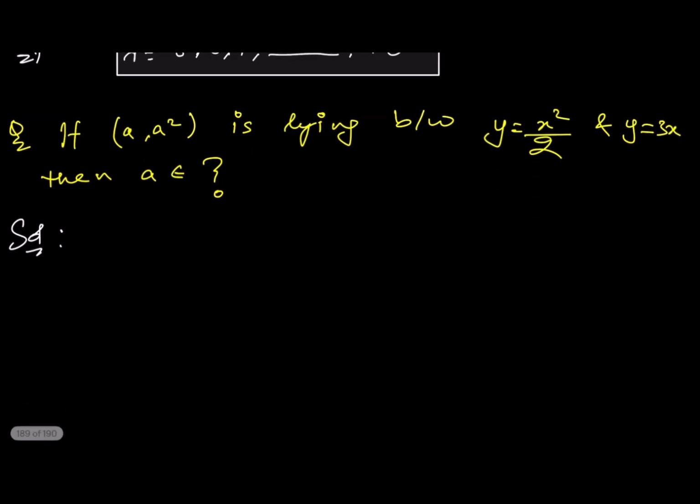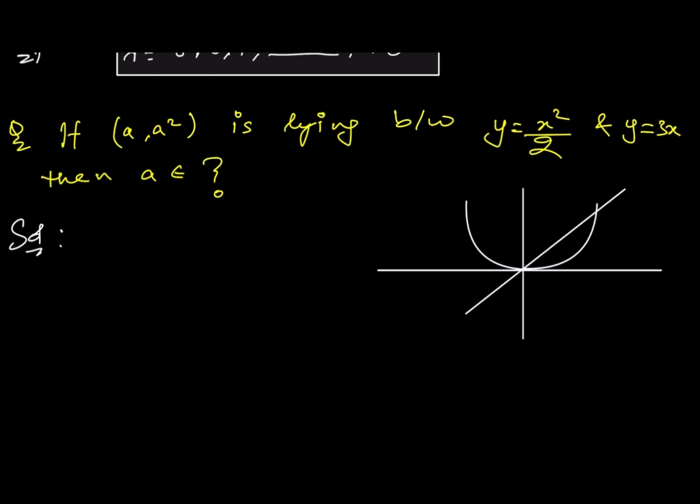This point is lying between y is equal to x square by 2, which is an upward parabola, and y is equal to 3x, which is a line, and this point P is a comma a square.